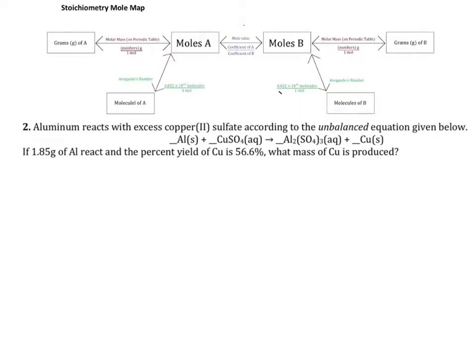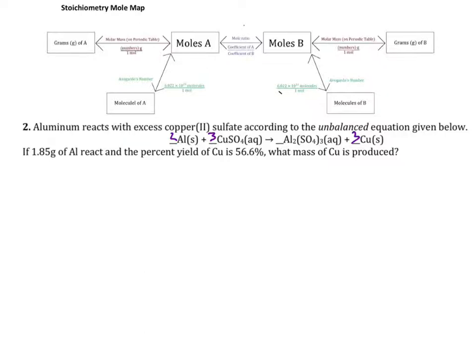Obviously, the first thing we need to do is balance this by putting a 3 here, a 3 here, and a 2 here. And so this problem is a little bit different because this is not asking to calculate the percent yield. Instead, it gives us the percent yield and tells us to calculate what we would actually produce.